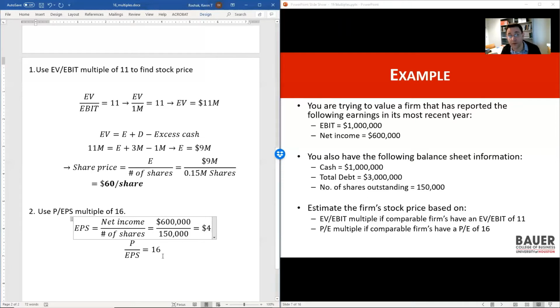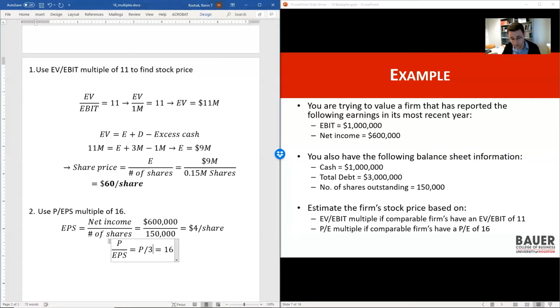So the earnings per share is going to be $4 per share. We know that the price over earnings ratio is 16. So that gives us the following. We know that P over 4 is 16. That's going to allow us to solve for the price as 16 times 4, which is 64.